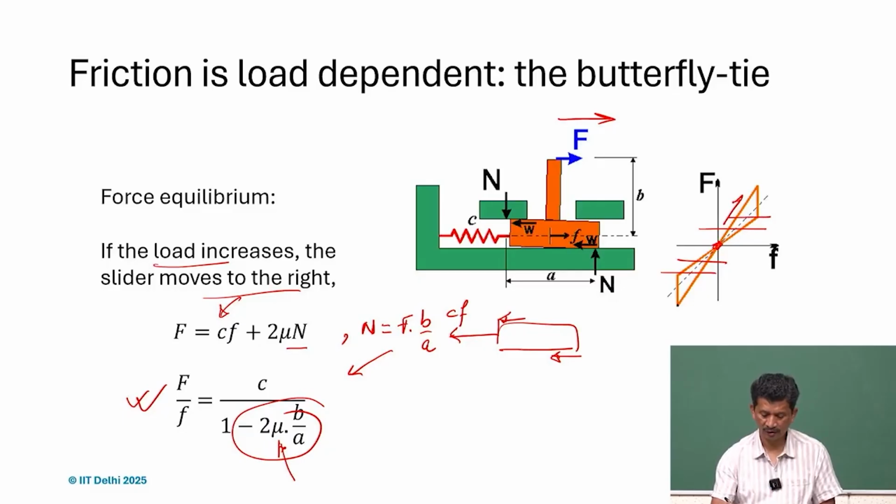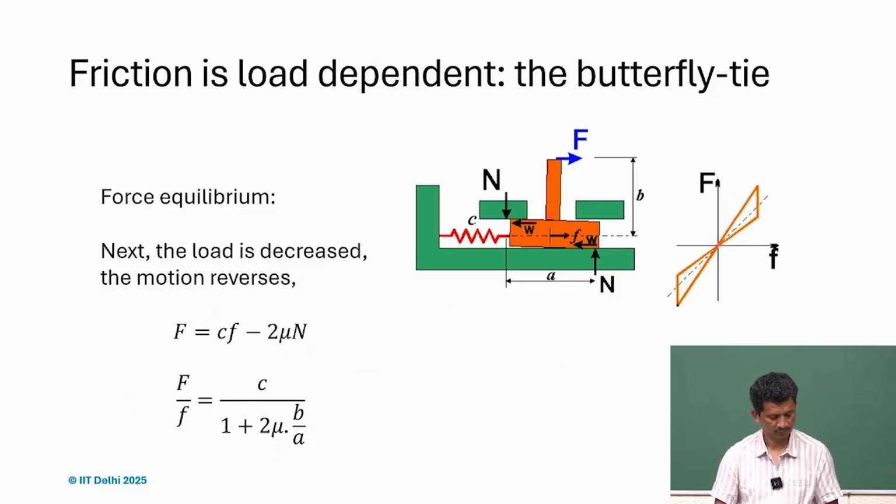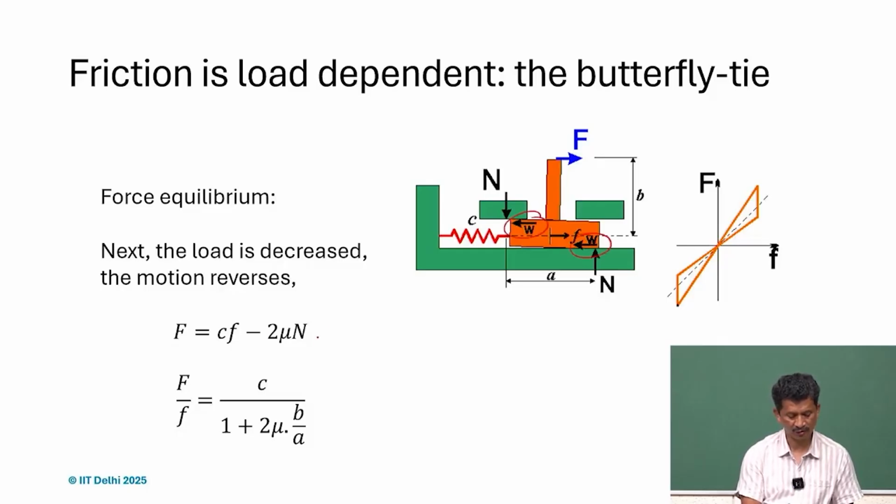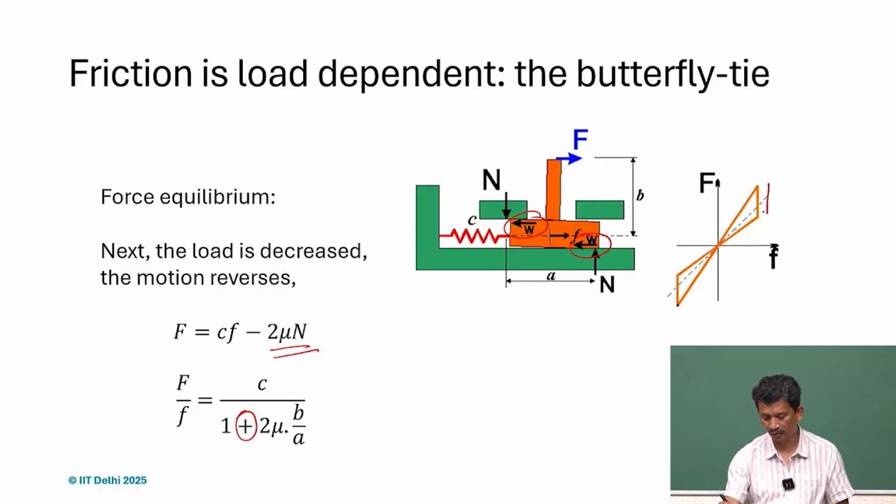As it moves, it will move in this direction with this slope. As it reverses the direction, what will happen? This direction will change, and that's why we have a minus sign here, and once we have that, we will get a plus sign here.